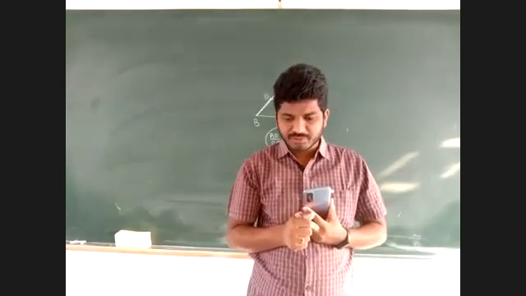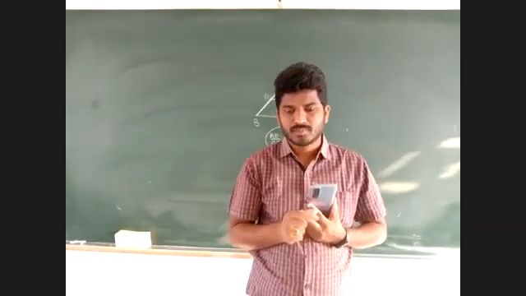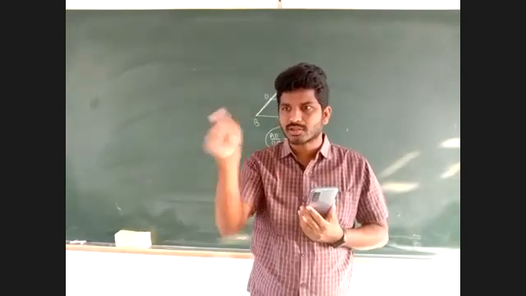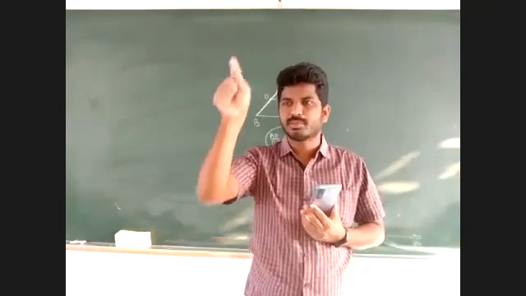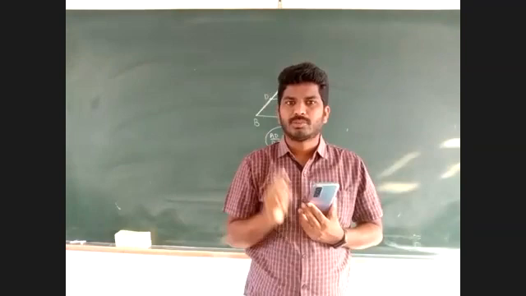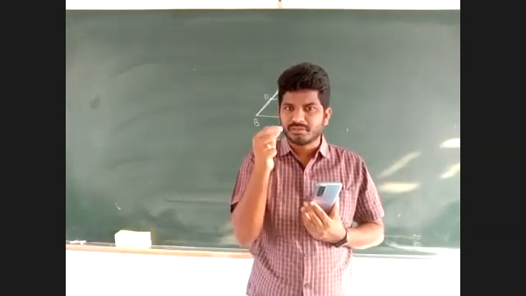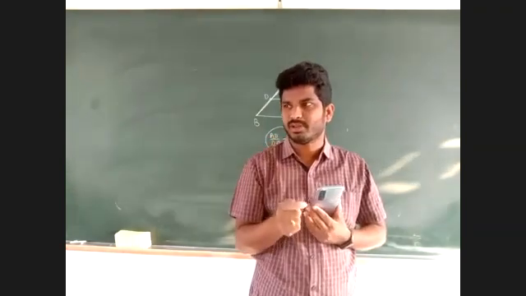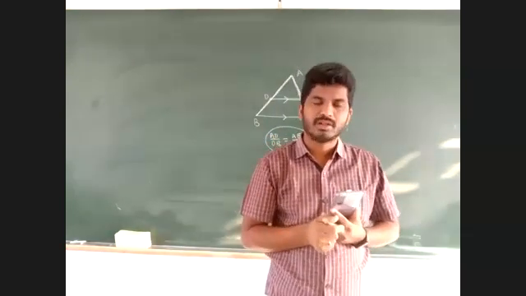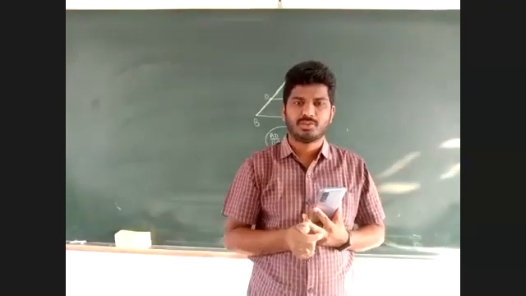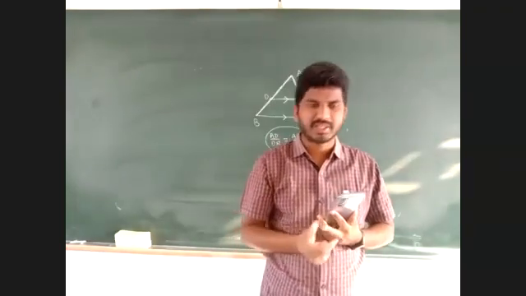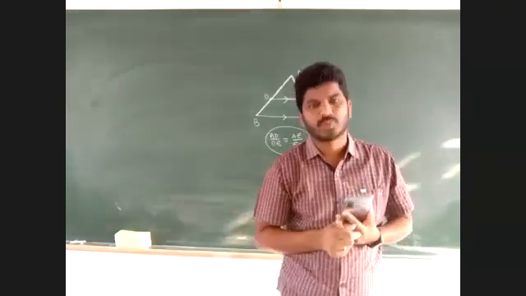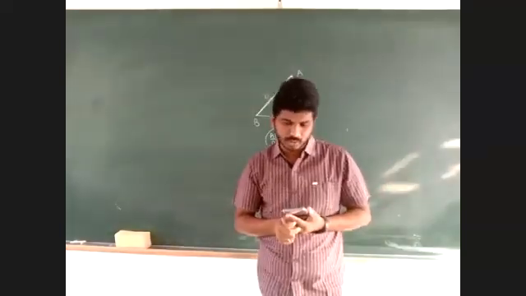If DF is parallel to OR also, then apply basic proportionality theorem. From the two conditions, if any one ratio is the same, then the remaining ratio is equal. From these conditions, we can say that EF is parallel to QR.